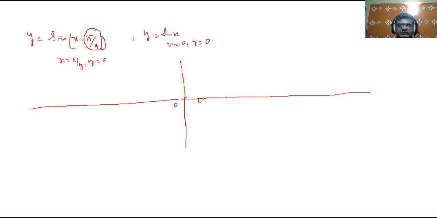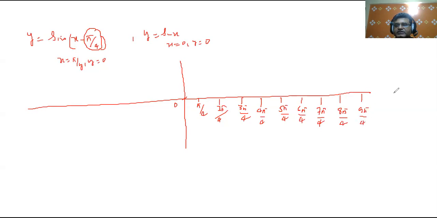So 0, pi by 4, 2 pi by 4, 3 pi by 4, 4 pi by 4, 5 pi by 4, 6 pi by 4, 7 pi by 4, 8 pi by 4, 9 pi by 4, likewise 10 pi by 4, 11 pi by 4. In terms of pi by 4 only we will represent.